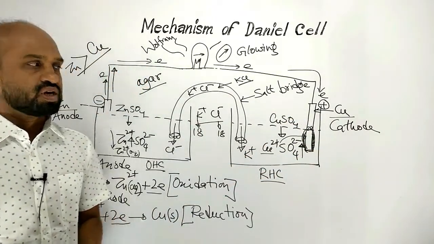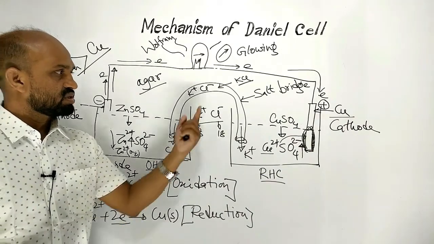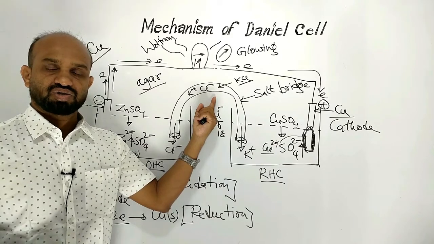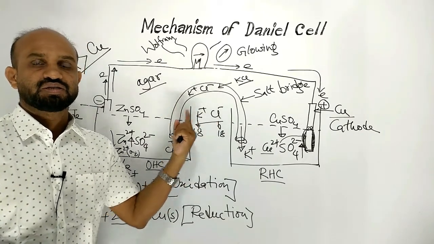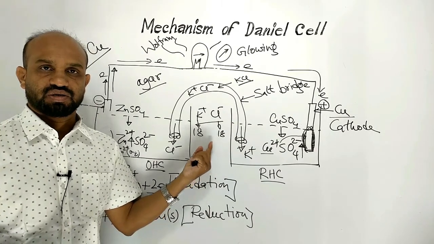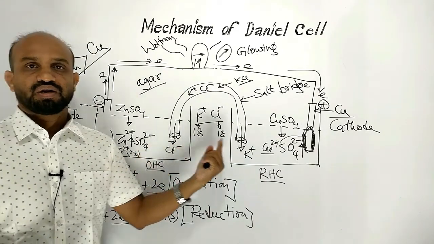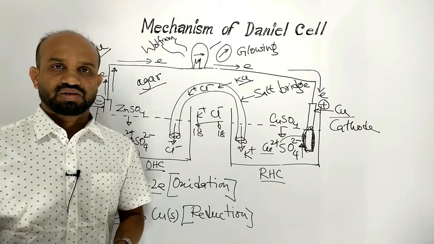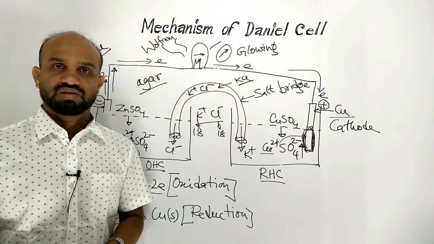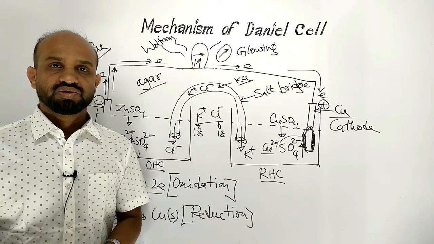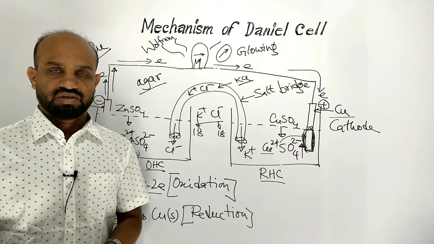To continue the flow of electricity, another device called a salt bridge is placed here to connect these two half cells, oxidation half cell and reduction half cell. The salt bridge provides necessary ions to neutralize electrical imbalance and continue the flow of electricity.